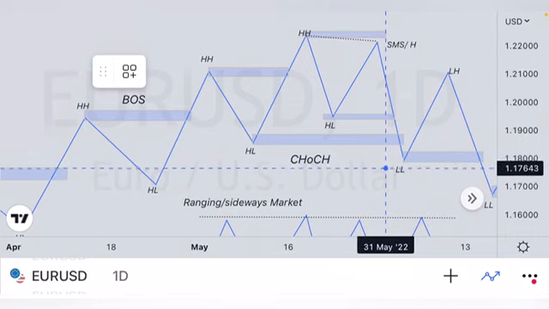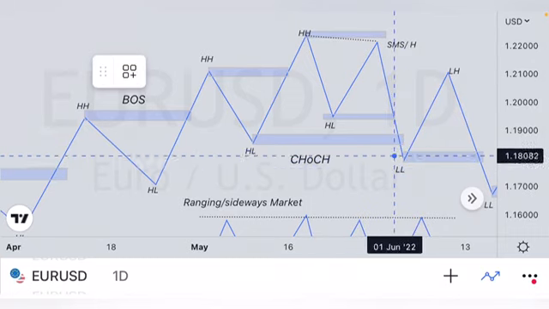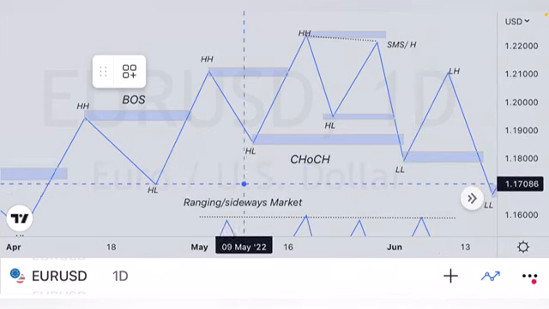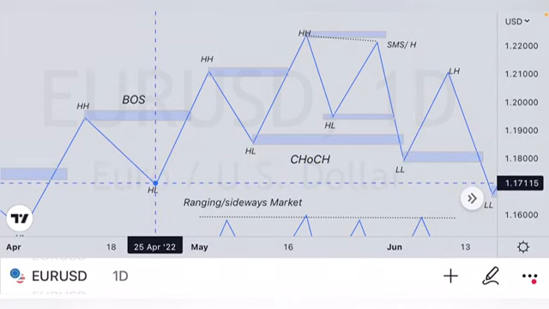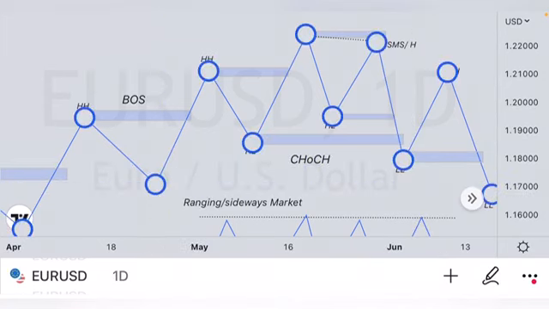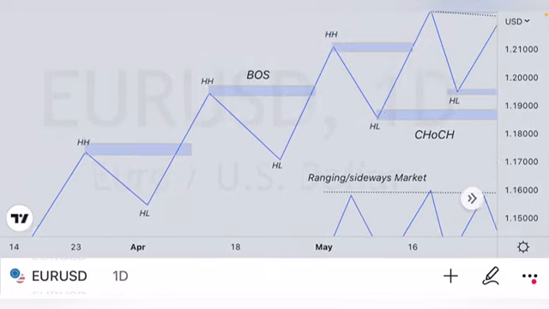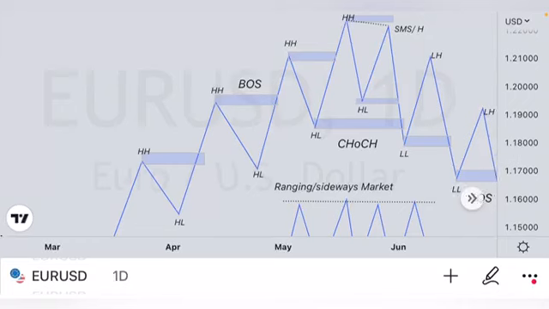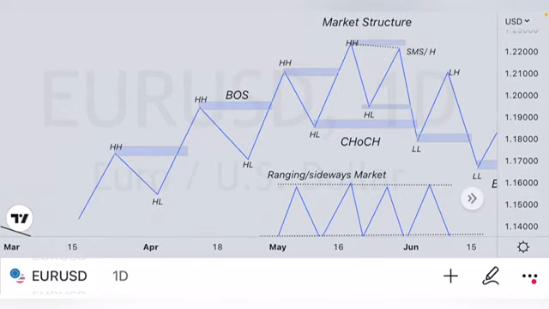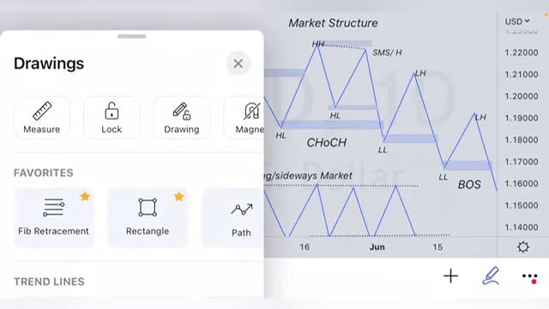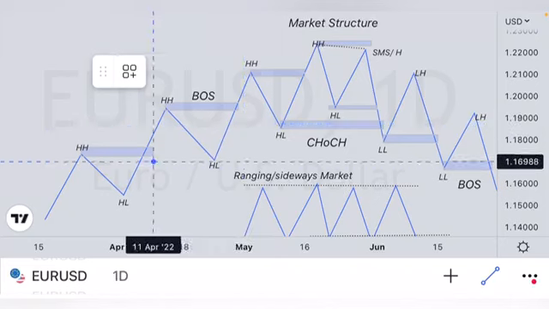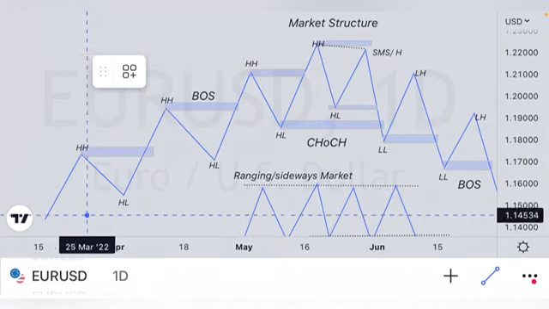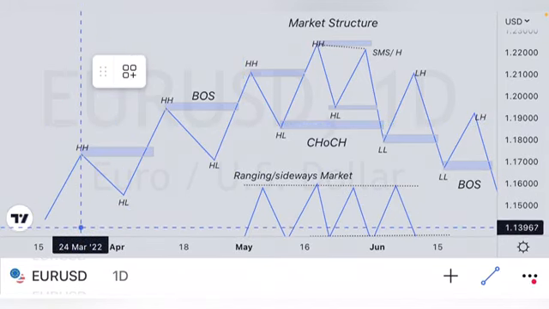So always look out for this kind of setup: choke, break of the previous low. Understand? Let's say the market is still in an uptrend, and for new confirmation in an uptrend, or if you are trading a bullish market, you can draw your trend line from your swing high.